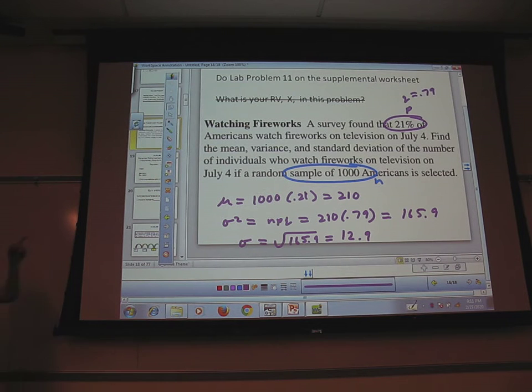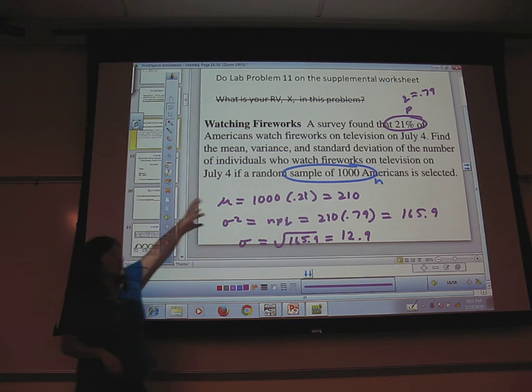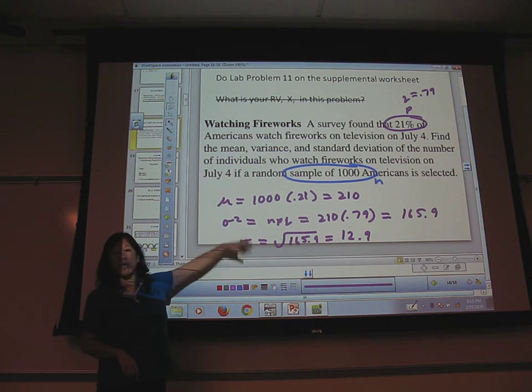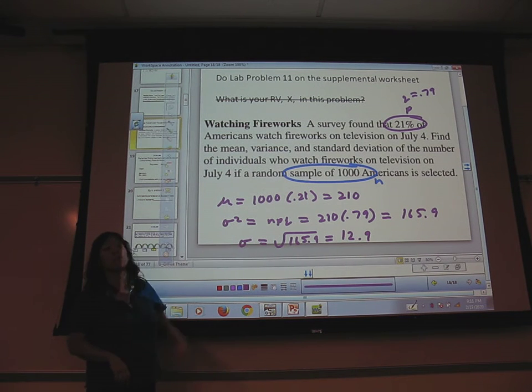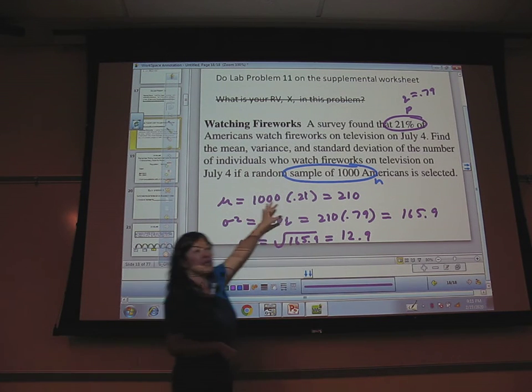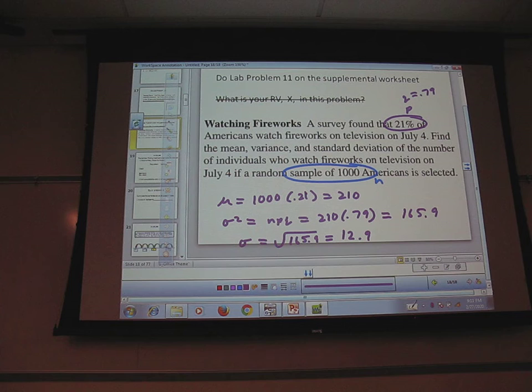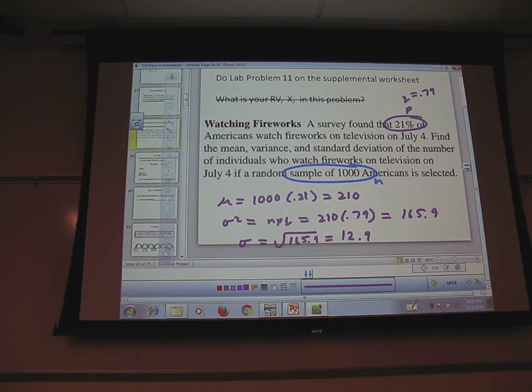Please note, you guys, pay attention to this part. Mean, standard deviation, variance of this distribution has nothing to do with x. It's all about n, p, and q. So your x has nothing to do with it.